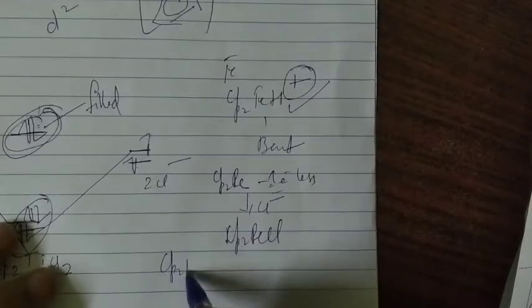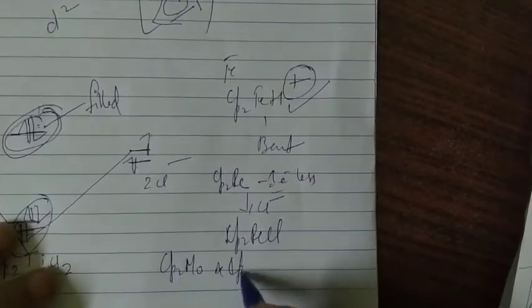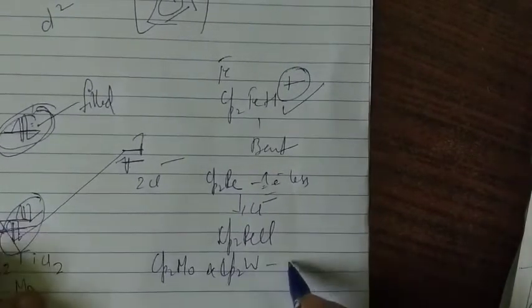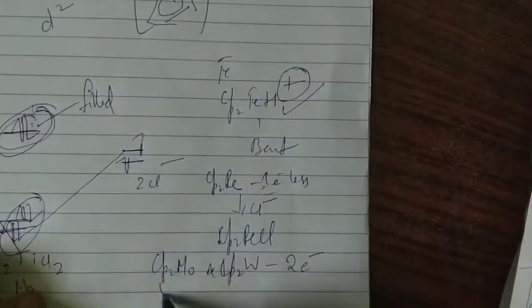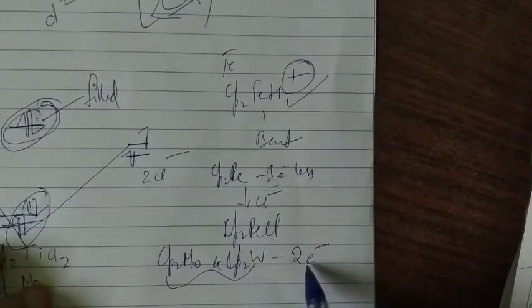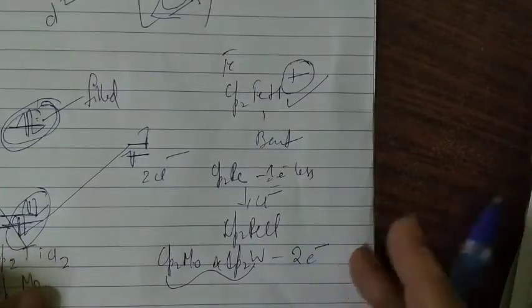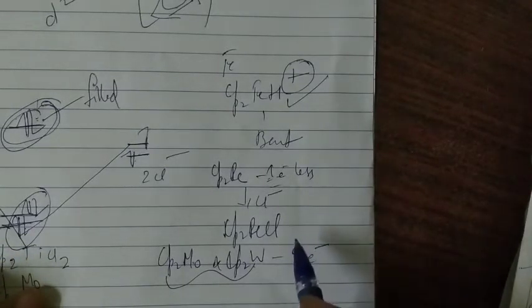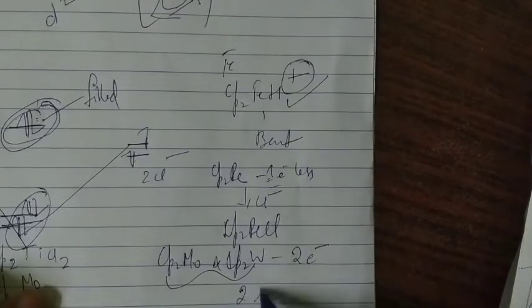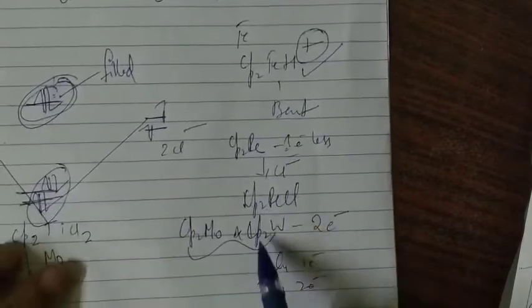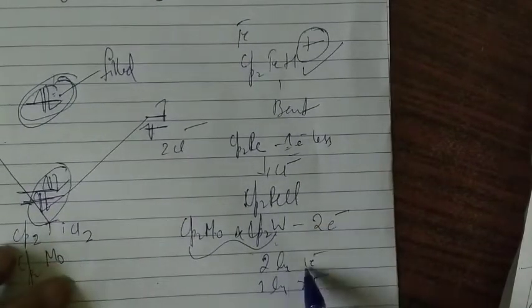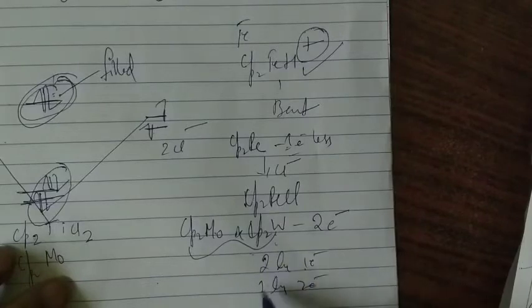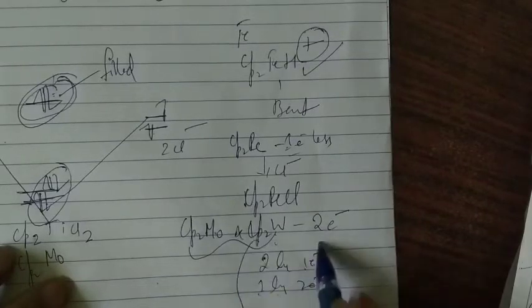Similarly, if you see Cp2 molybdenum as I showed, and Cp2 tungsten also, they are fewer by 2 electrons. To get 18 electrons, molybdenum and tungsten need 2 more electrons here, and that's why they can bind two ligands of one electron donor or one ligand of two electron donor, like this, to satisfy the 18 electron system here.